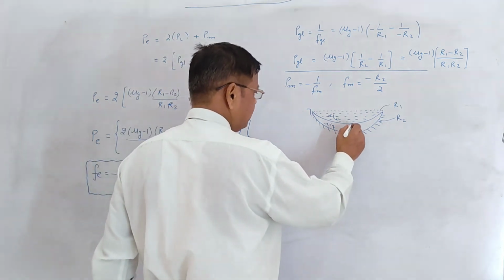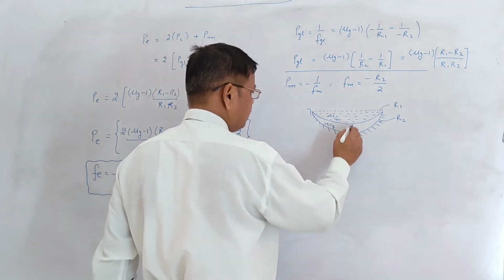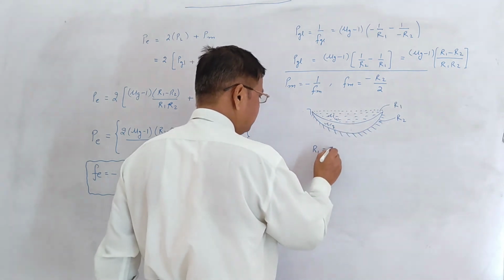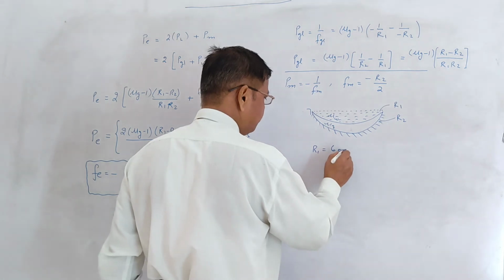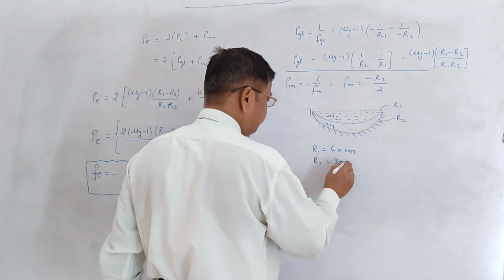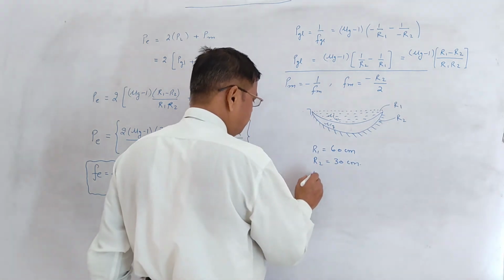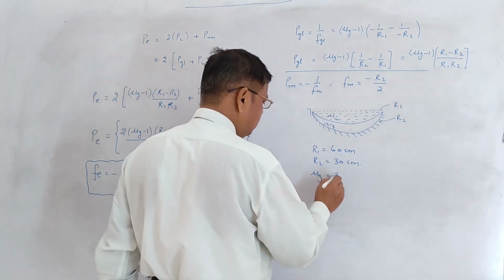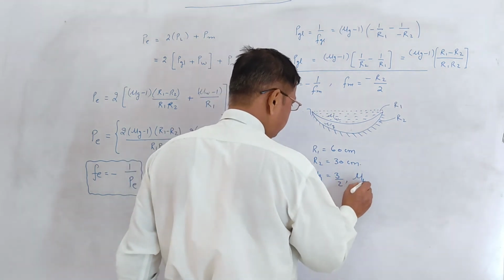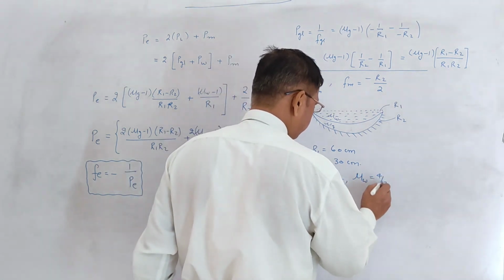So R1 is greater than R2. Suppose R1 is 60 centimeter and R2 is 30 centimeter, mu glass is 3 by 2, mu water is 4 by 3.